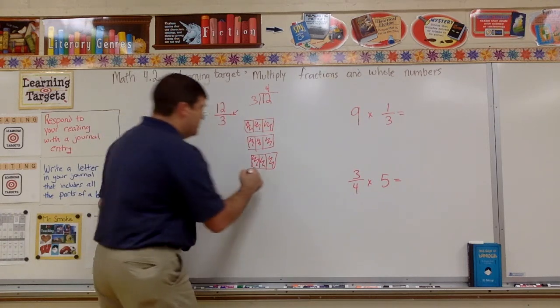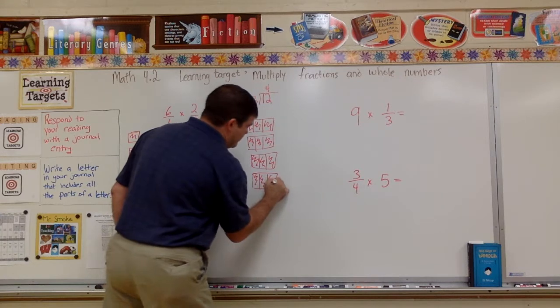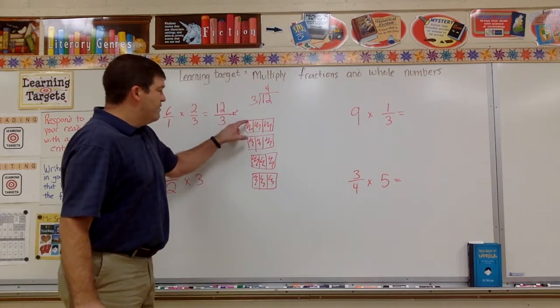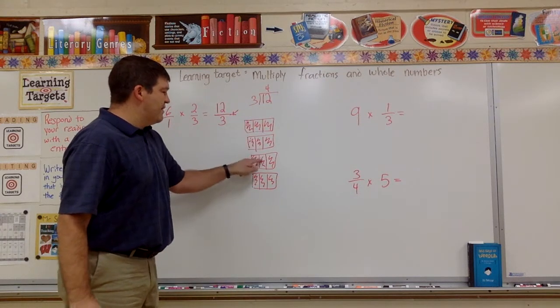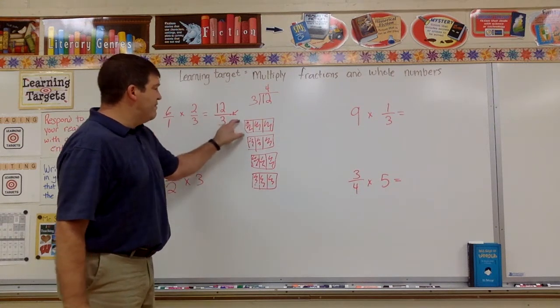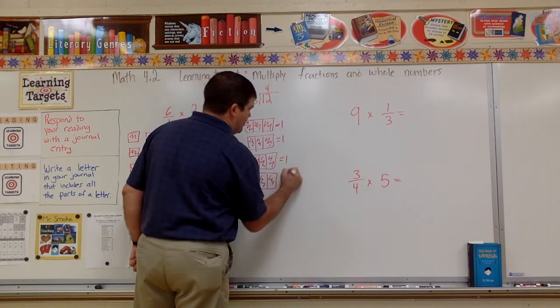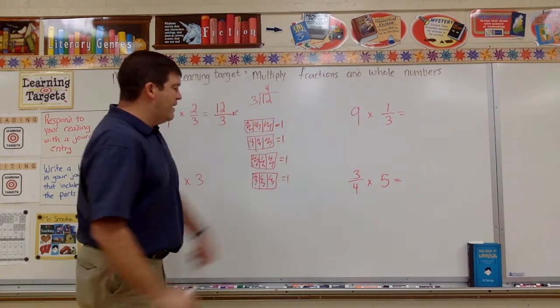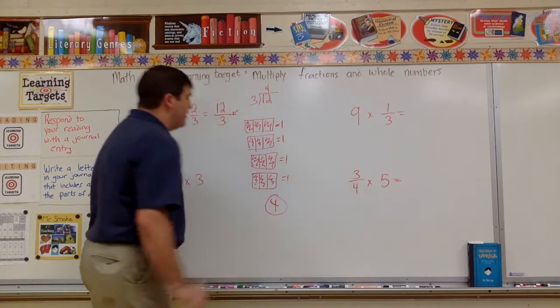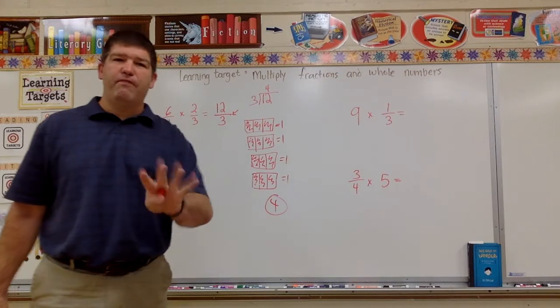But I need 12, so I need another whole because I have 3 more parts. Okay, there you go. I have 1, 2, 3, 4, 5, 6, 7, 8, 9, 10, 11, 12. There's my 12 parts with 3 of them equaling a whole. So this equals 1 whole, 1 whole, 1 whole, 1 whole. I add those up. I have 4. 12 over 3 is the same as 4.